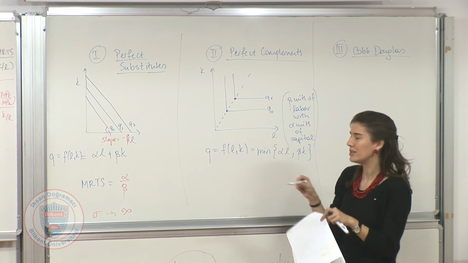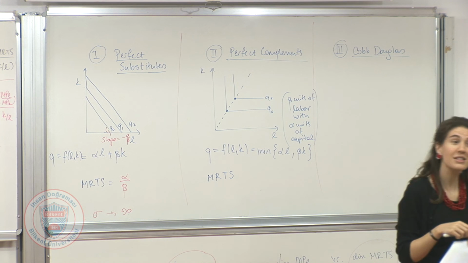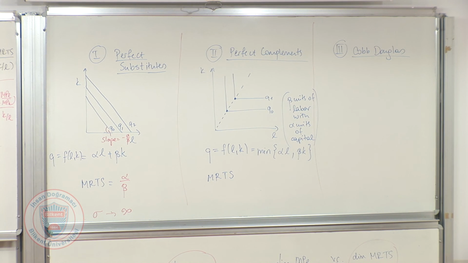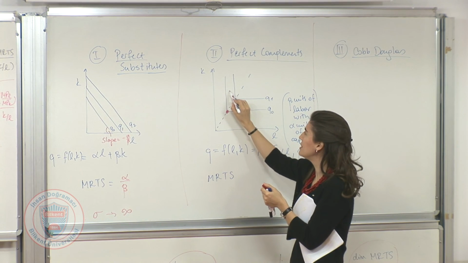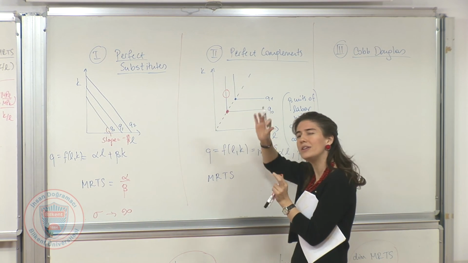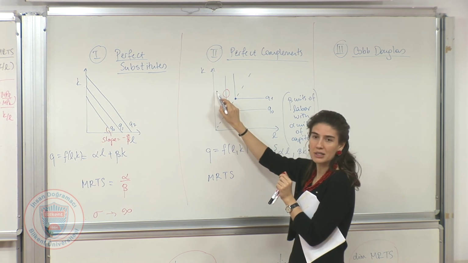What is the marginal rate of technical substitution here? What is the slope of the isoquant? You said, is it 0? You said that it's, hocam, it depends. It's not defined here, right? And what is it here? If you think of it just conceptually, what is the slope here? It's infinity, right?